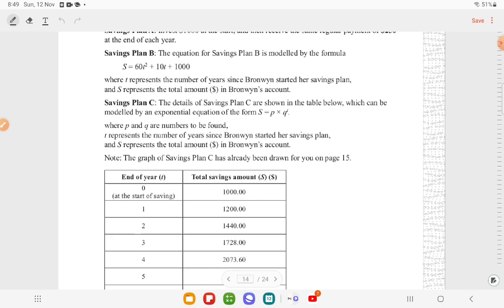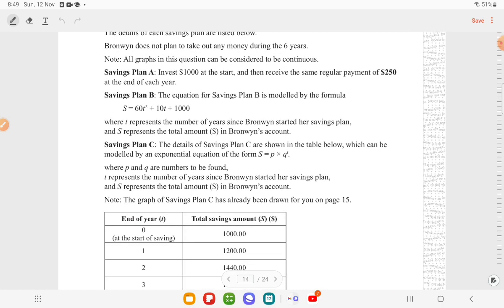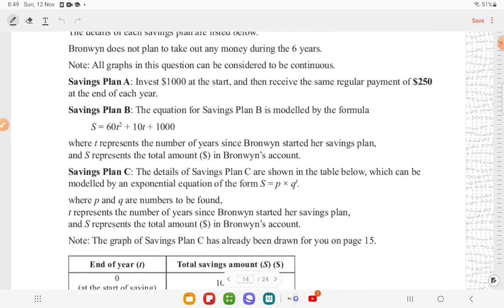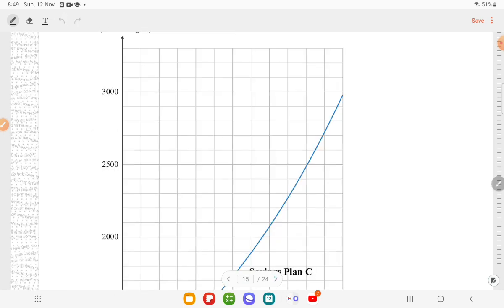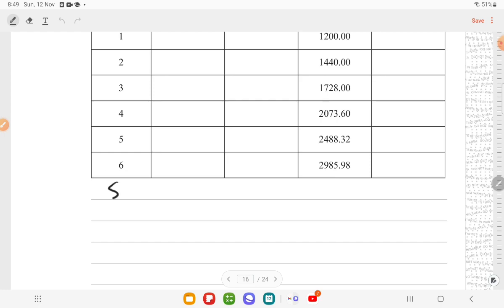We're given that we invest $1,000 at the start, and then receive the same regular payment of $250 at the end of each year. This just means it's always a constant $250 per year. So S is equal to 1,000 plus 250T.